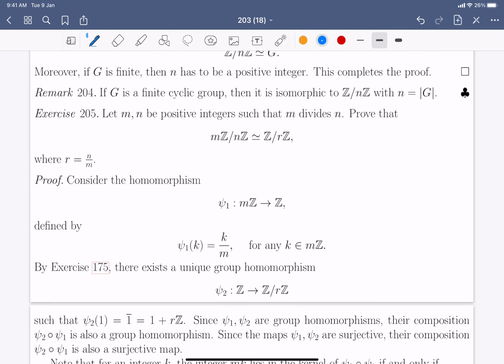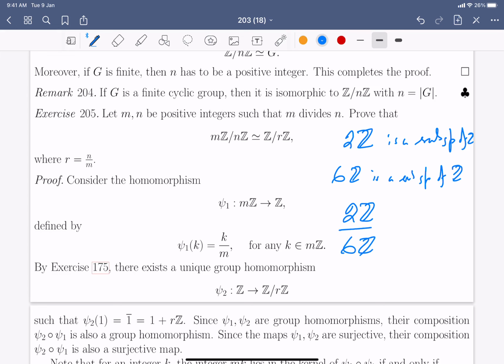Here is an interesting thing to observe. For example, we know that 2Z is a subgroup of Z, and 6Z is also a subgroup of Z. One can consider this quotient 2Z modulo 6Z, and as used to happen in our school days, we had the liberty to cancel 2 and 6, in the sense that we remove 2 and replace 6 by 3.